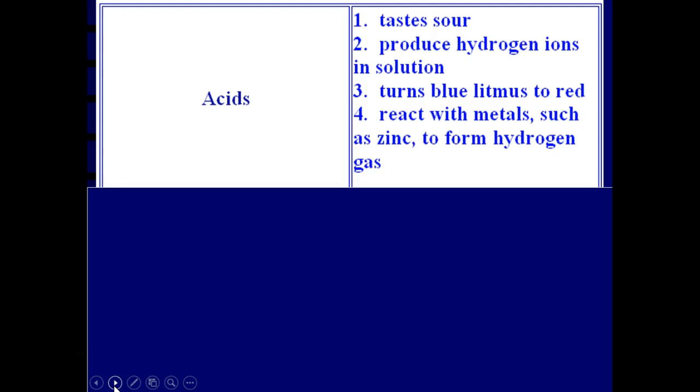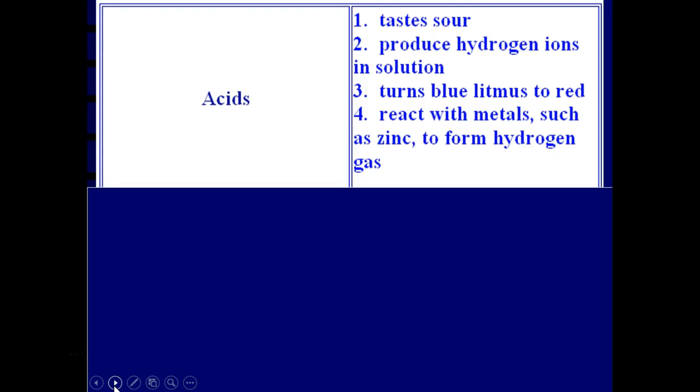We have several different indicators for pH. One of the early ones was called litmus paper. Basically, a lot of plant pigments will change color when it comes to acids or bases. What they'll do is take this plant pigment, put it on a little piece of paper, and then when they want to test something to see if it's acidic or basic, we dip it in there.